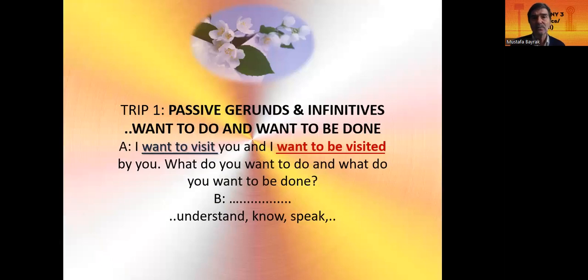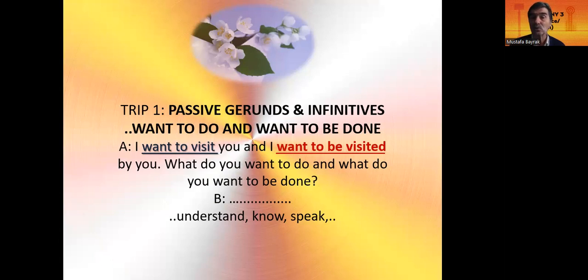Now, trip one, passive gerunds and passive infinitives. For example, want to do, active form. I want to study. I want to drink water. And to be done. I want to be held. Yes, I want to be visited.